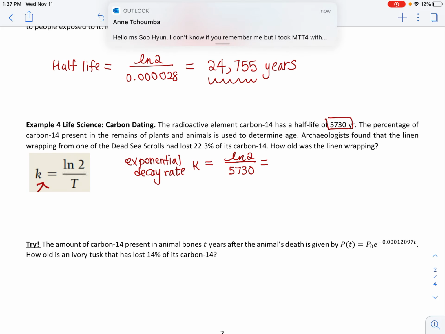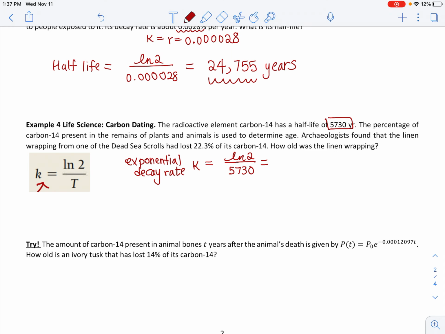Let me put this into my calculator, guys. I'm popular today. I'm getting all these emails. All right, 5730. It comes out to be, oh dear, it's tiny. 0.000120968.